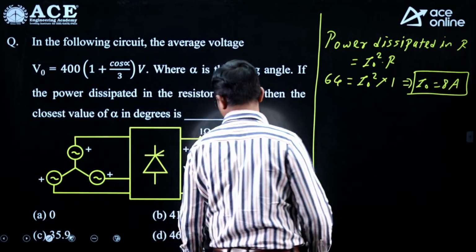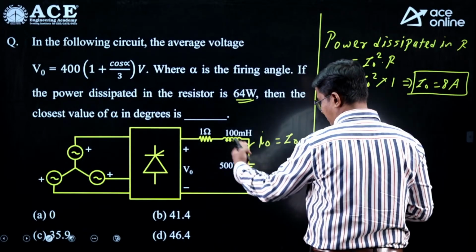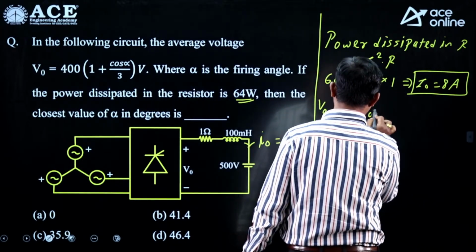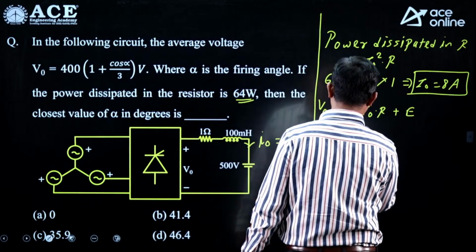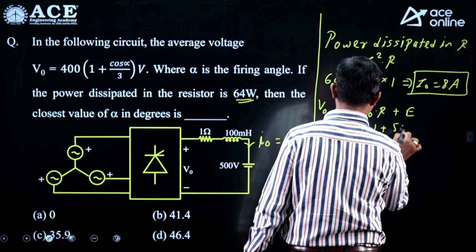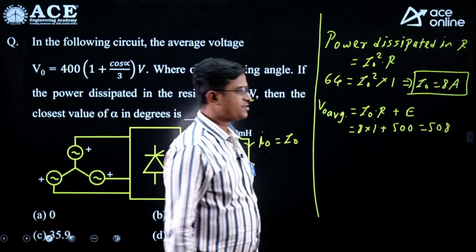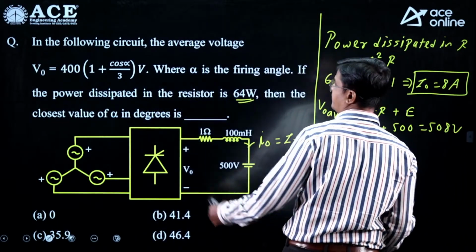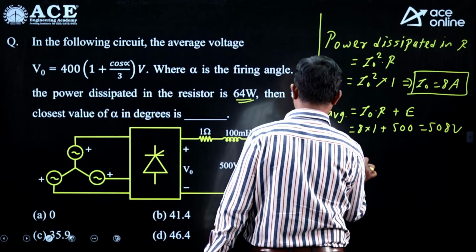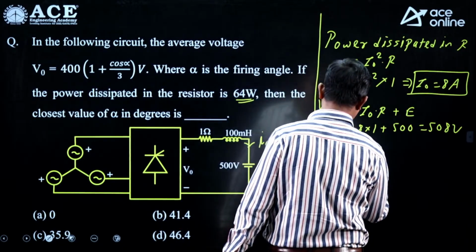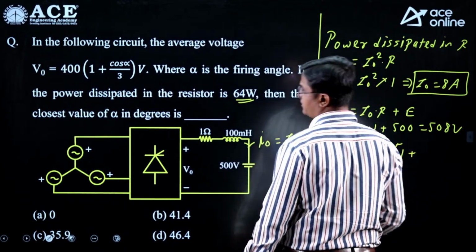Further, from this branch, I can write V0 average equal to I0 into R plus E. So it is equal to 8 into 1 plus E is 500. So it is 508, right? V0 average is 508 volt. Now use that expression, V0 average equal to 400 into (1 plus cos alpha) by 3, right?